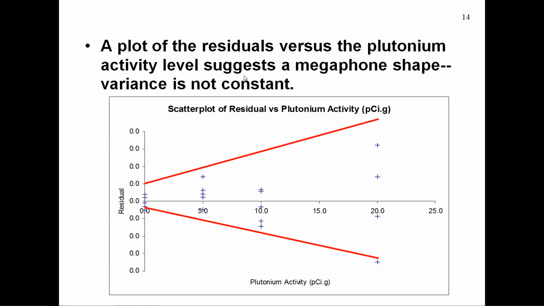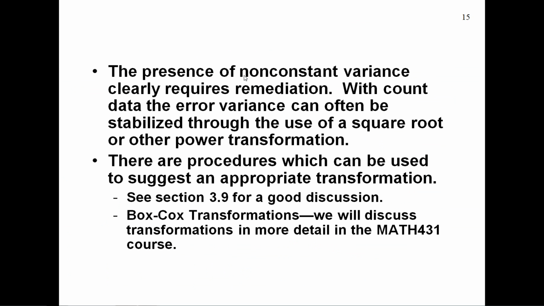So here's a repeat of the picture of the graph you saw, and you notice that we have this little funnel shape, and clearly the assumption of equality of variance across all levels of x associated with our random error terms seems to be violated here, and so we have to do something about that. And there are procedures to handle that.